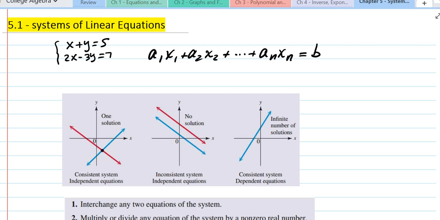The x's here are the variables, by the way. So for example, I could go 2x1 plus 3x sub 2 minus 4x sub 5. Notice I skipped x sub 3 and 4. I have x sub 5 plus x sub 7 equal 10. So that would be an example of an equation.